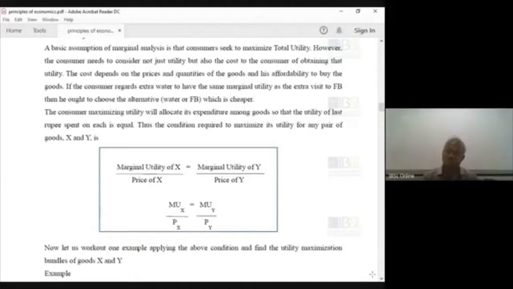At the utility maximizing combination of bread and apple, marginal utility of bread divided by price of bread is equal to marginal utility of apple divided by price of apple. That is equal. That is the utility maximizing point.